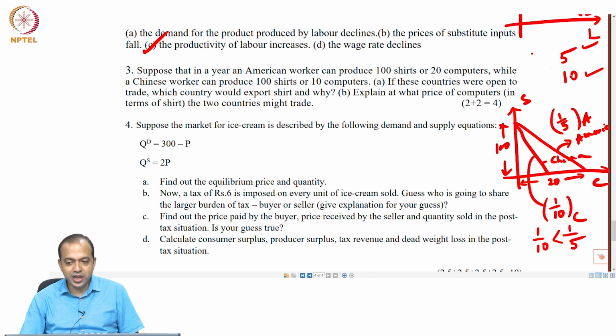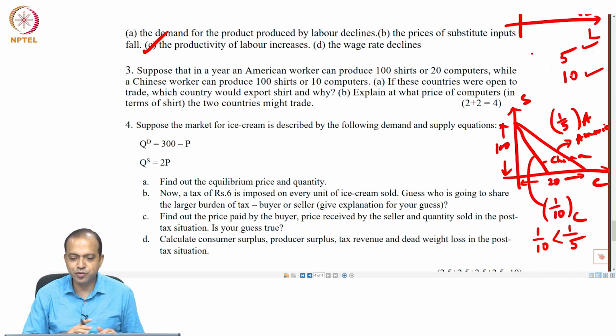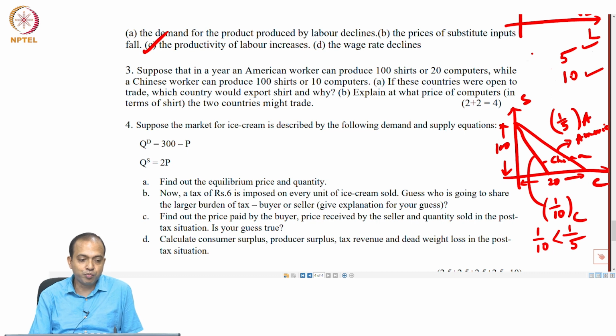So, what should be the price then? Either 5.5 or 6 or 6.5 or 7, 7.5, 8, 9, all these are acceptable prices of computers in terms of cert for two countries to engage in trade, a price in between 5 and 10. That is the answer. Okay.